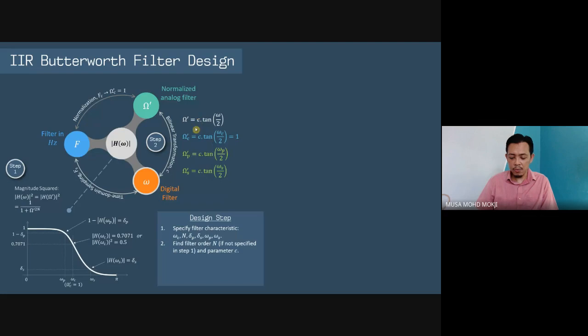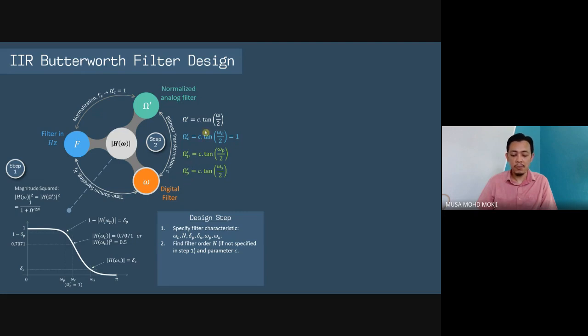Okay, then we can use this omega. This is general. If you put it as capital omega prime c, this is at the cutoff frequency. This is the general frequency. This is on the cutoff frequency, because we know the cutoff frequency is equal to 1, so we can get this equation, equal to 1. Okay, and of course sometimes we need to use this also. We need to refer to this capital omega prime p and capital omega prime s.